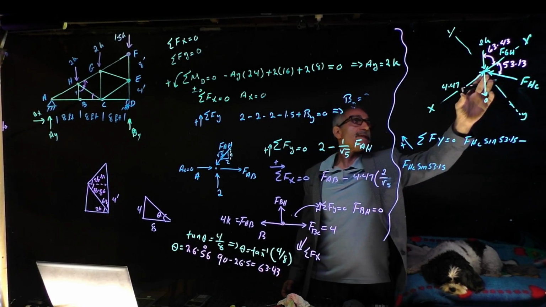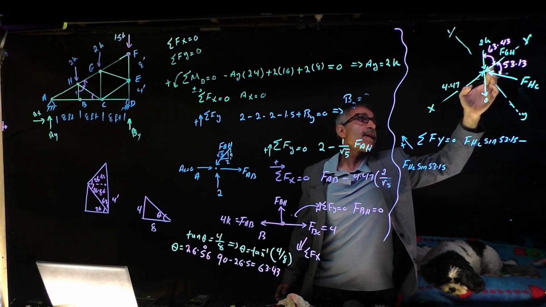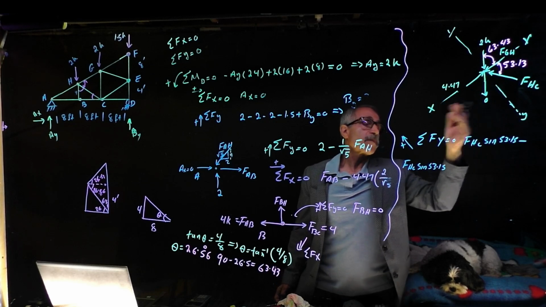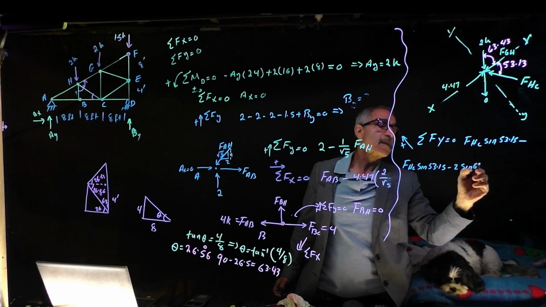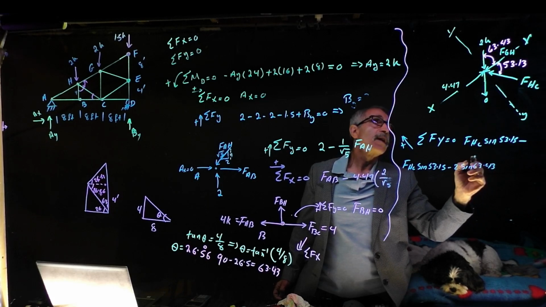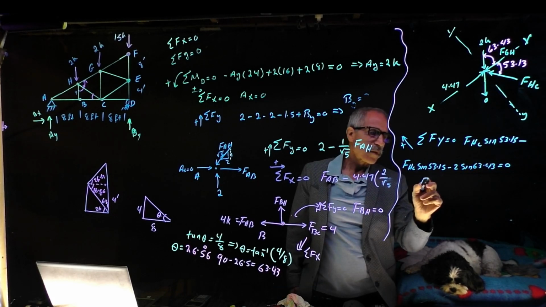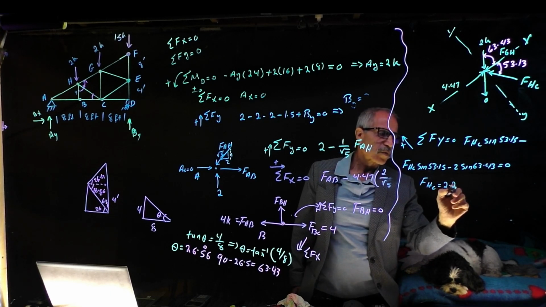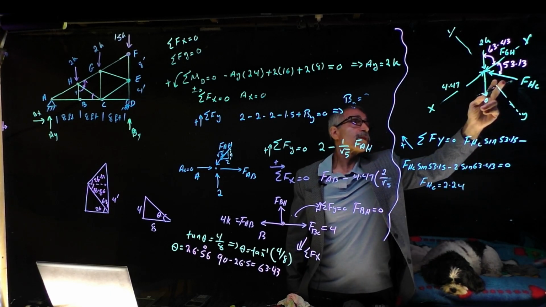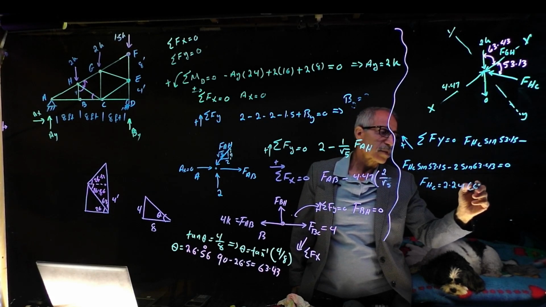And then these, they don't count, they're the x, so the only thing I have is the 2. And the 2 is going to be opposite, so it's going to be minus 2 sine 63.43. I think I got them all. That's it. Equal 0. So F of HC is equal to 2.24. We assumed it was compression. Our number came out positive, so it's compression.